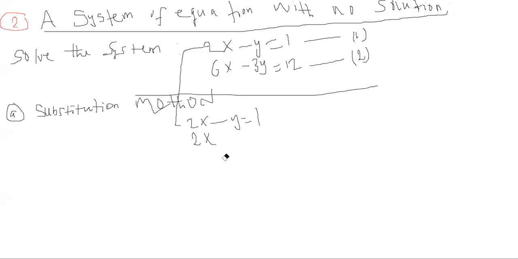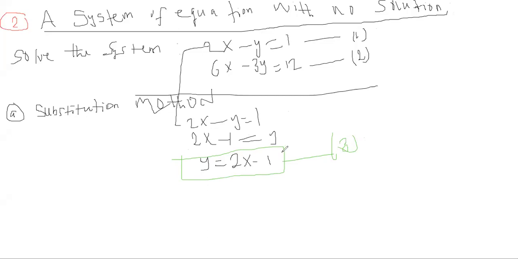So 1 will come here, the sign will change to minus. Y will come here, the sign will change to positive. So this is the same as y equals 2x minus 1. So we assume that this is our third equation. So we have 1, 2, then third.